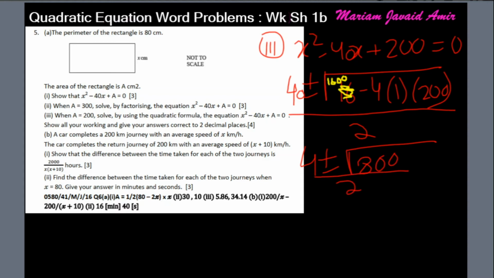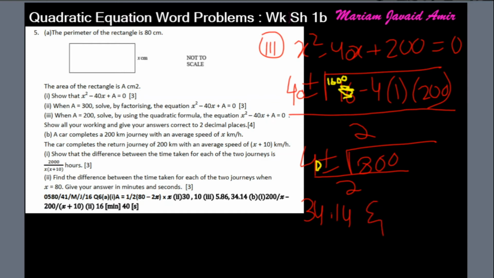Using the positive sign, 40 plus the square root of 800 divided by 2 gives us 34.14, rounded off to two decimal places.